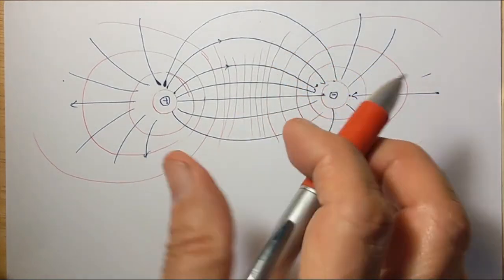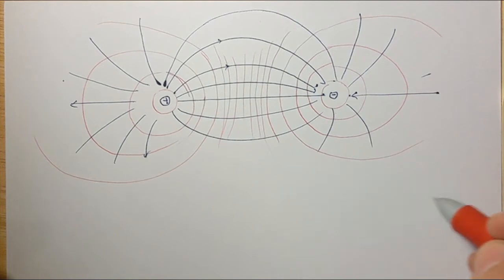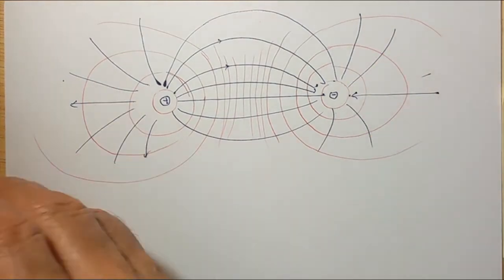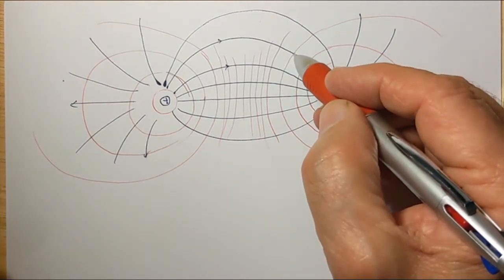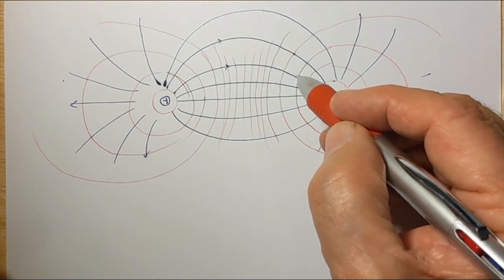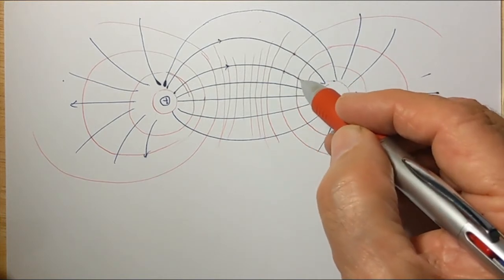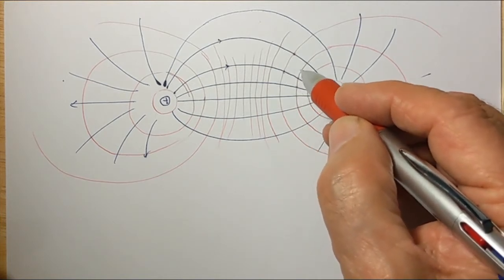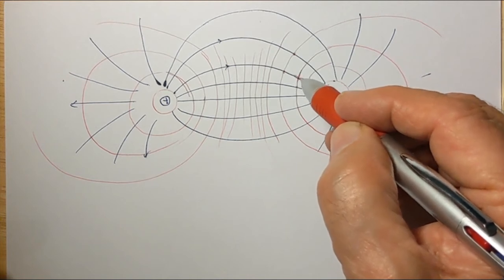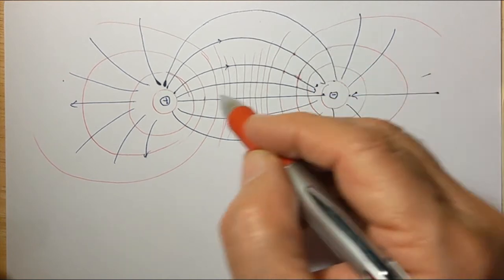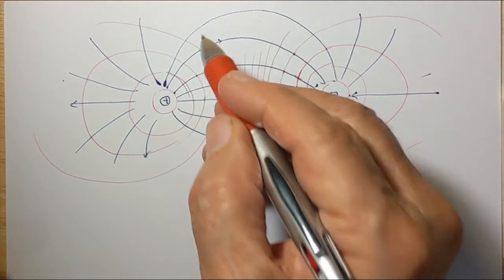So they get closer and closer together here, and they move further and further away on the left two sides. At every point, the angle between them should be 90 degrees. The angle between the red line and the blue line must be 90 degrees at every single point of intersection.